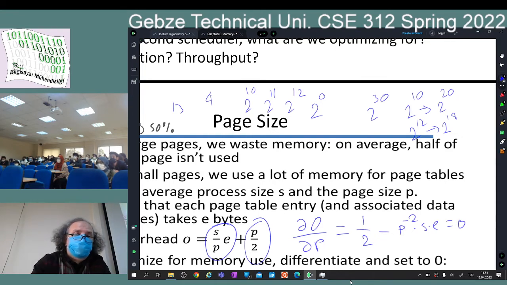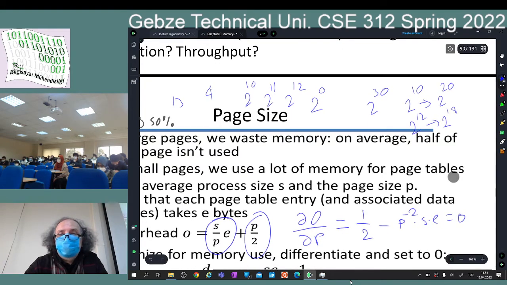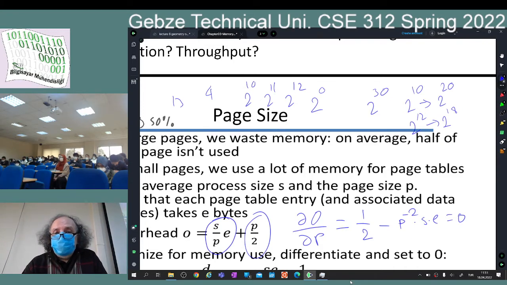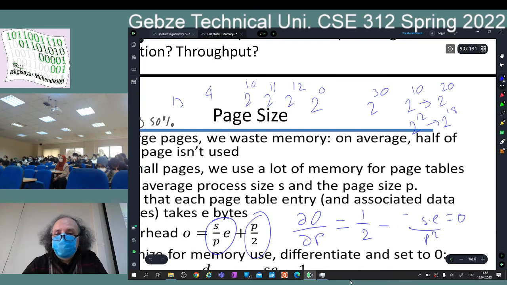This is S E times P to the power minus 1. If I do this, it will be P squared.